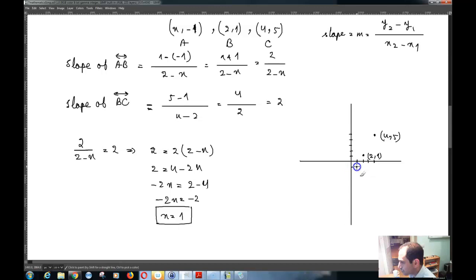If x is equal to 1, this becomes 1, negative 1. And as you can see, more or less, these points are, of course, collinear. So that's basically the whole story here.